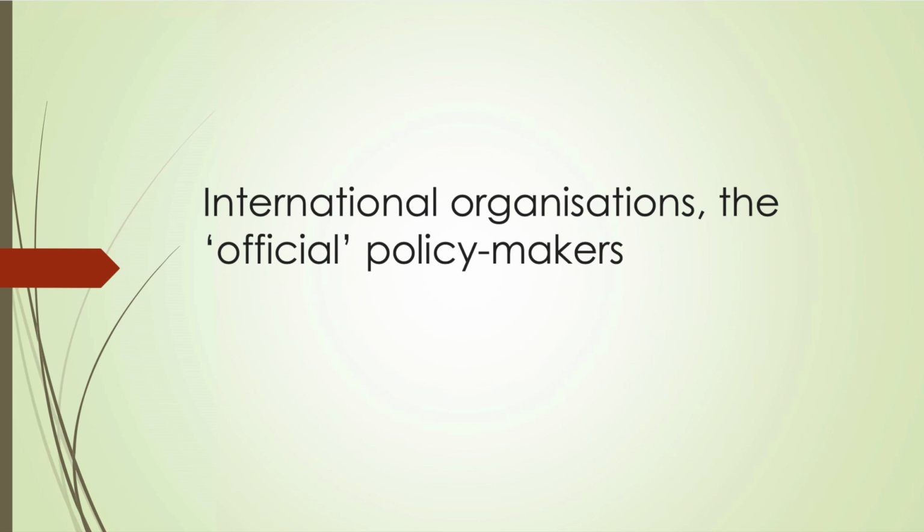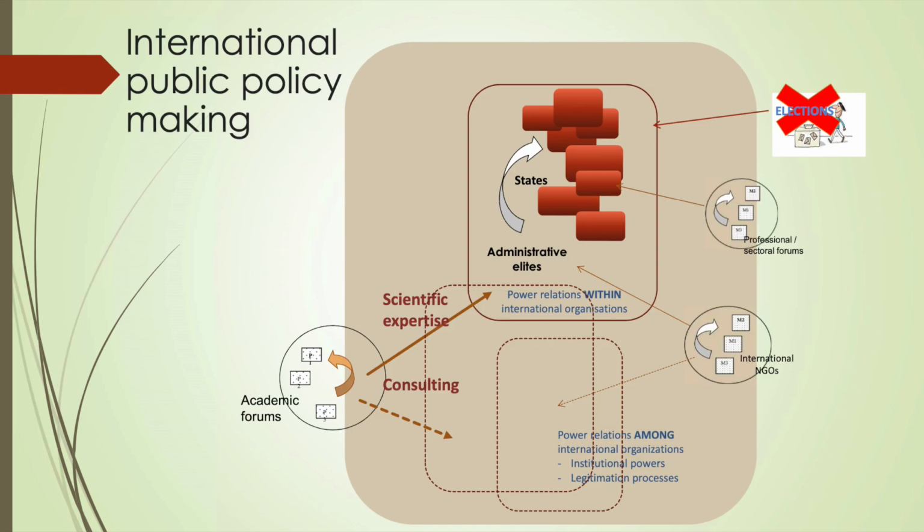And when we talk about international public policymaking, we can schematize an international organization as it can have very different forms, but it's always different states and some administrative elites.